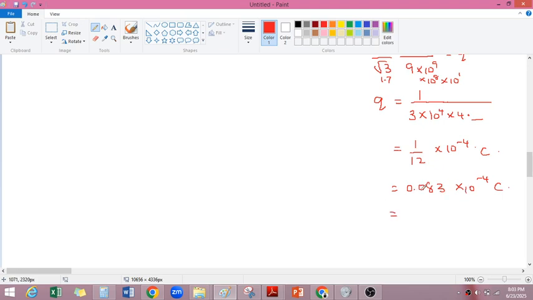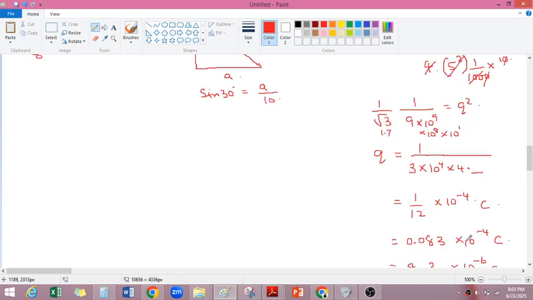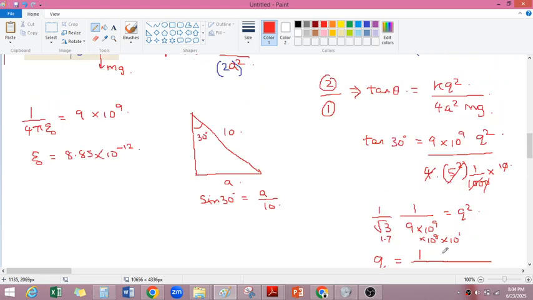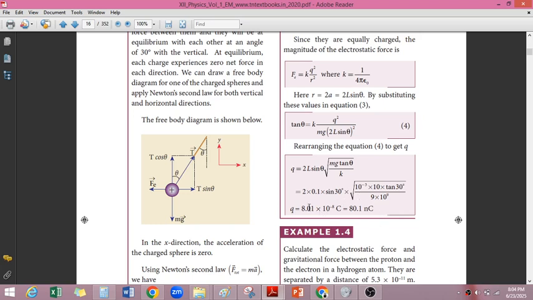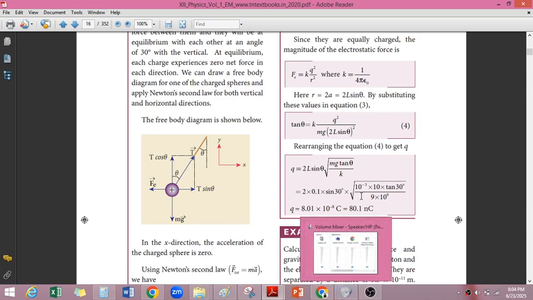So if I take this decimal point over here, it will become 8.3 into 10 power minus 6 coulomb, which means it will be 8.3 microcoulomb. Okay, that's what I am getting. Your book says slightly different. Let's see what they have given. They are getting 8 into 10 power minus 8, which is 80 nanocoulomb.